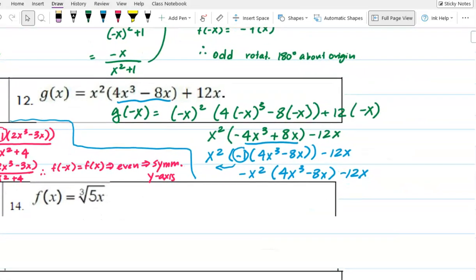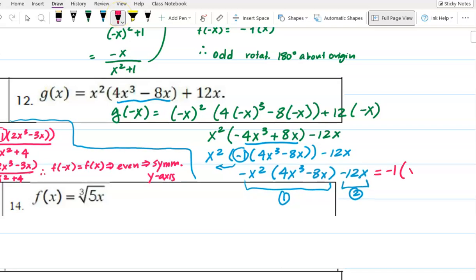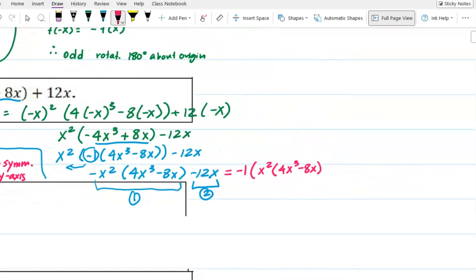And then, since we have two terms here, this is one term, and this is two terms, couldn't I take a negative out from both of those? Yeah. So I could take a negative 1 out. Okay. And it becomes an x squared times 4x cubed minus 8x, close that parentheses, and a plus 12x. Okay.